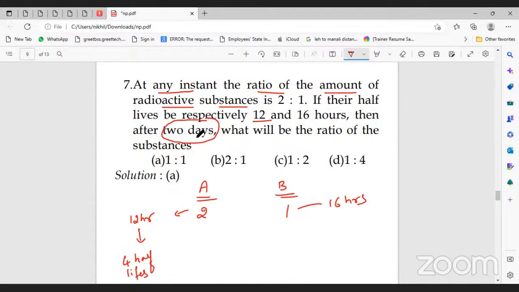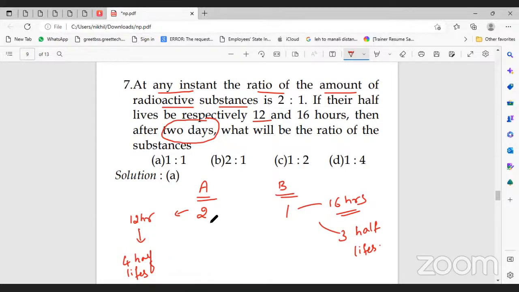For the second nuclei, which is 1 initially, the half-life is 16 hours, so 3 half-lives will be possible in 2 days for sample B.